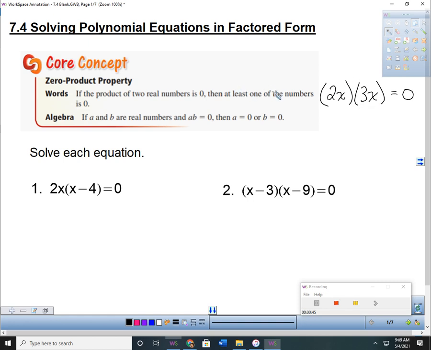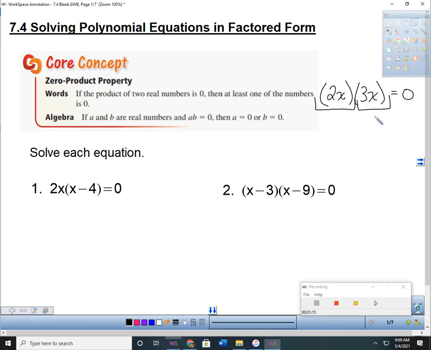Then at least one of the numbers is 0. That makes sense because let's say this is 0. 0 times 3x is 0, and that makes this a true statement, right? Or this one has to be 0. 0 times 2x would be 0.